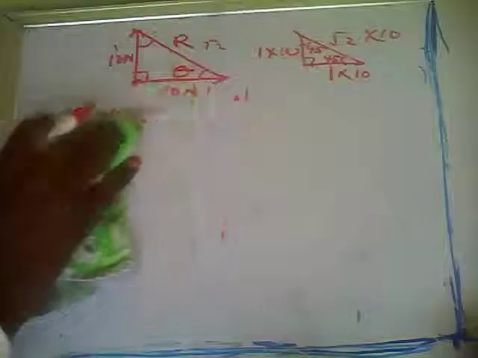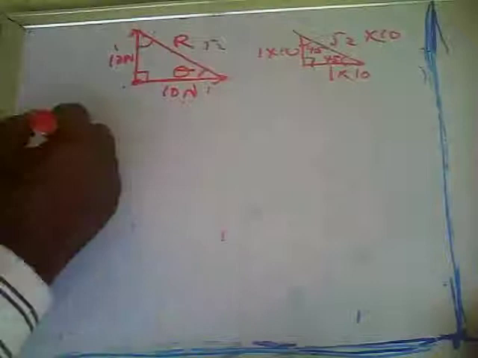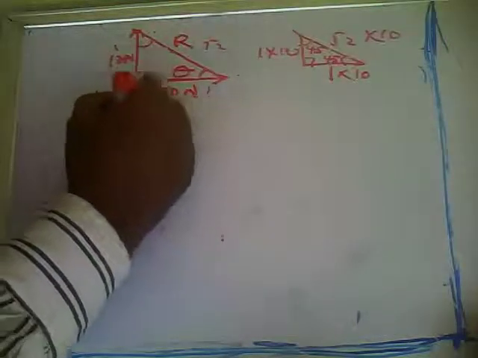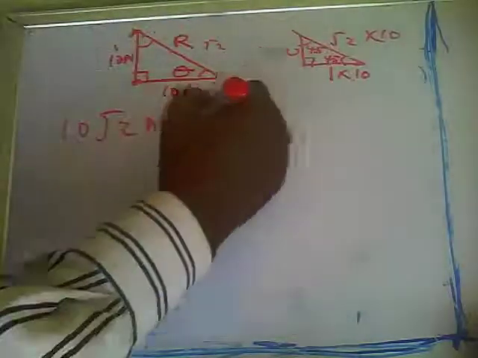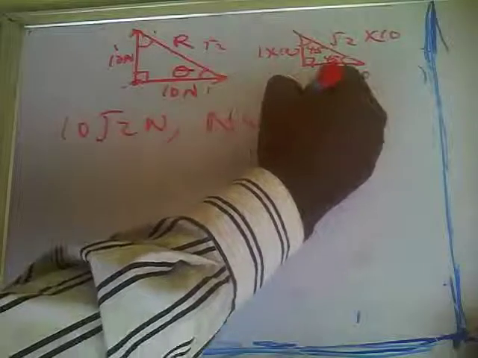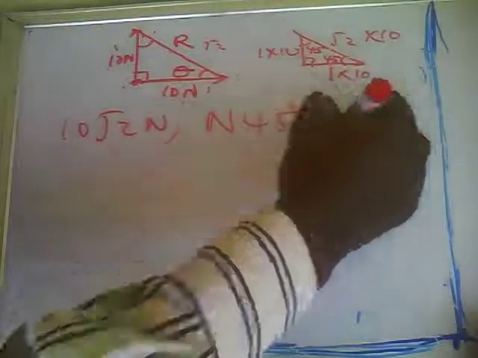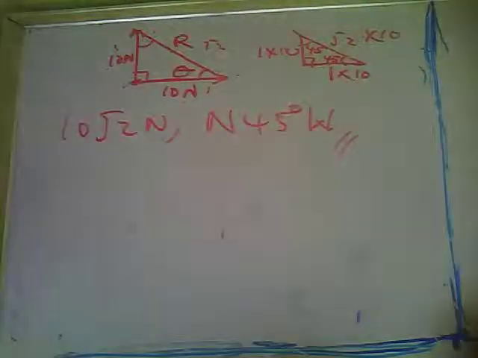So what's the answer that we got here? We got the magnitude as 10 root 2 Newton and the direction 45 degrees west of north. So that is the answer, the magnitude and the direction of that resultant. To solve this problem, students need to really understand bearing. Bearing is very important in solving problems that involve direction of resultant.